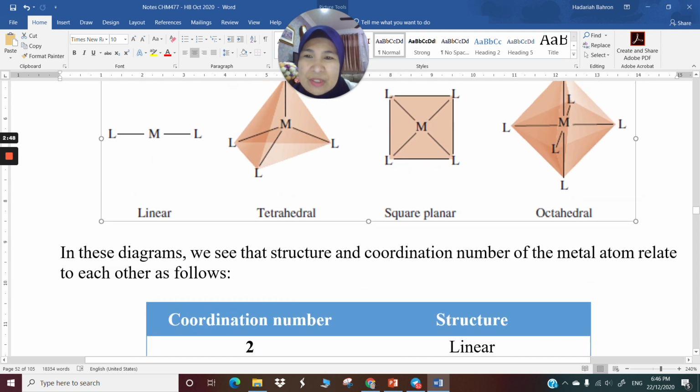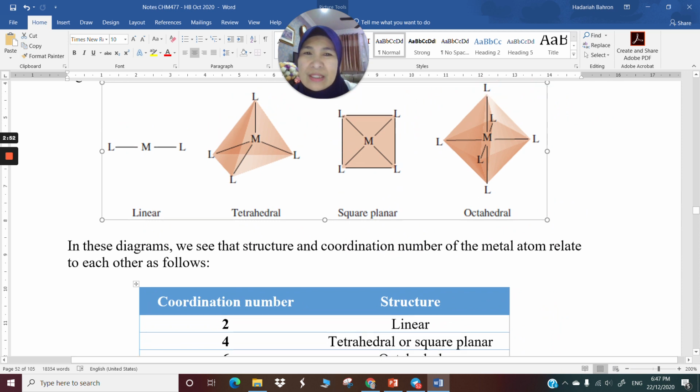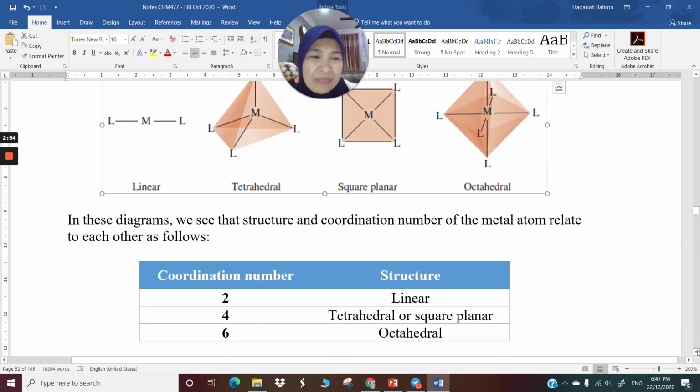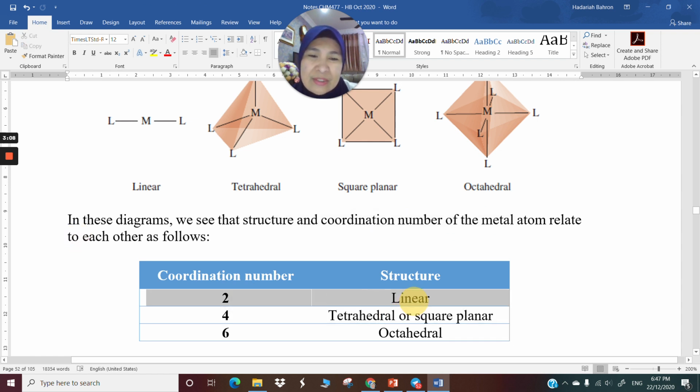In the diagrams above, you see that the structure and coordination number of the metal atom relate to each other as follows. When the coordination number is 2, you get a linear structure.